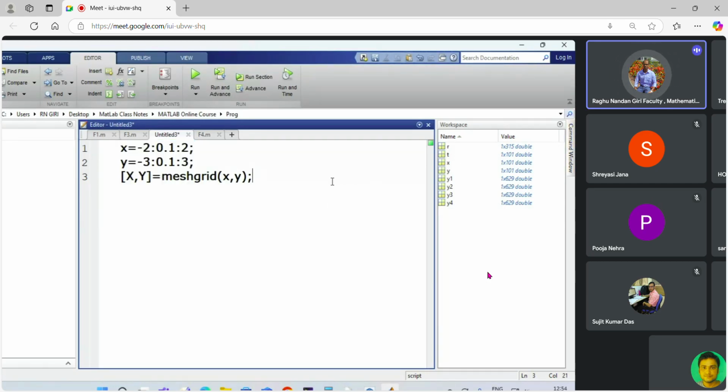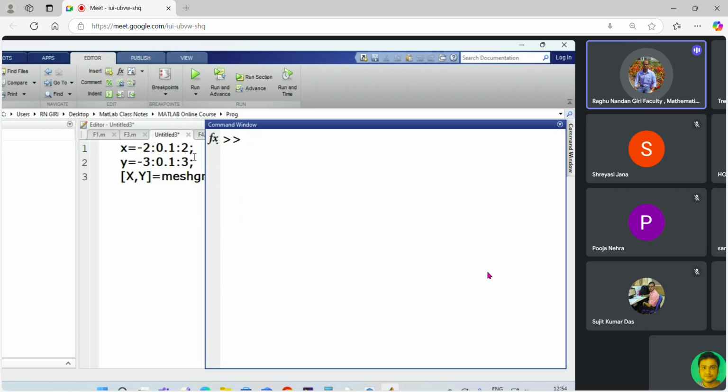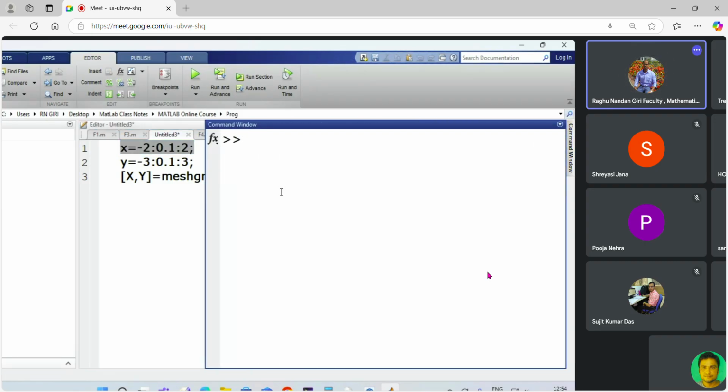See the individual commands when they execute in the command window, how these statements work. Just see this. Suppose this is x. Then suppose y equal to minus 3 to 3.